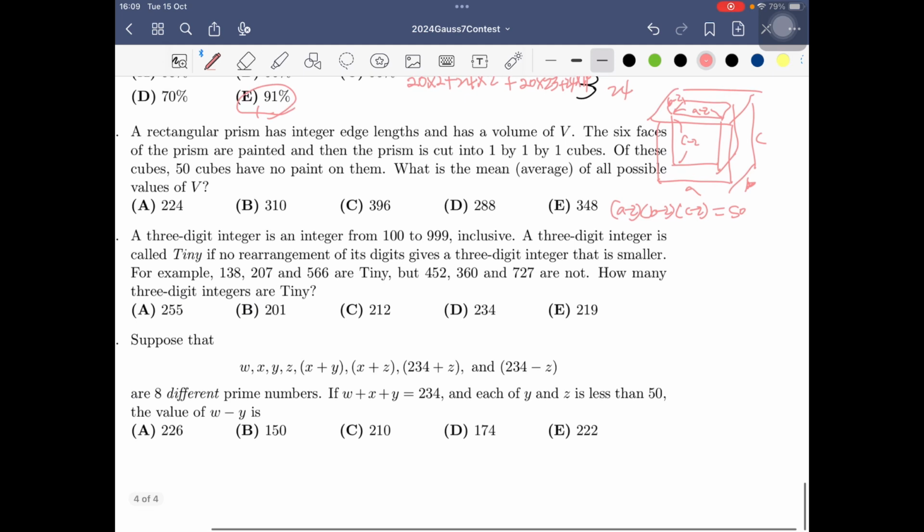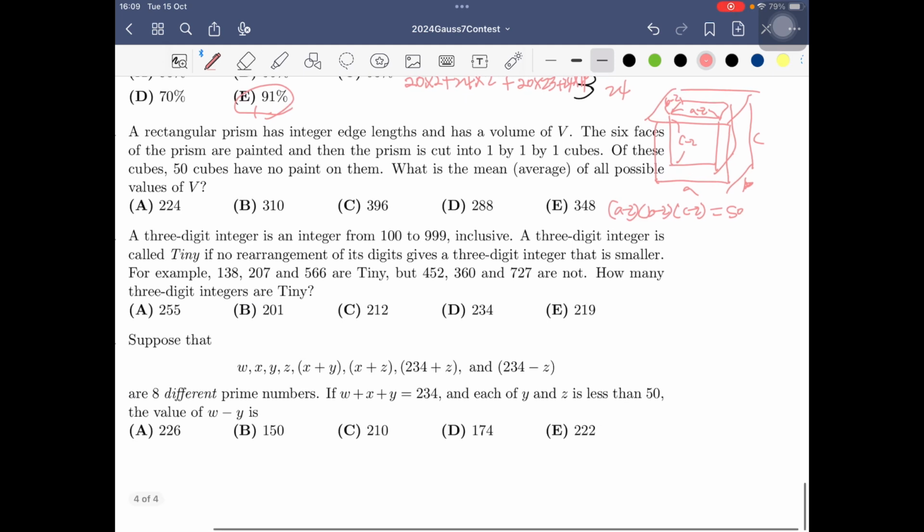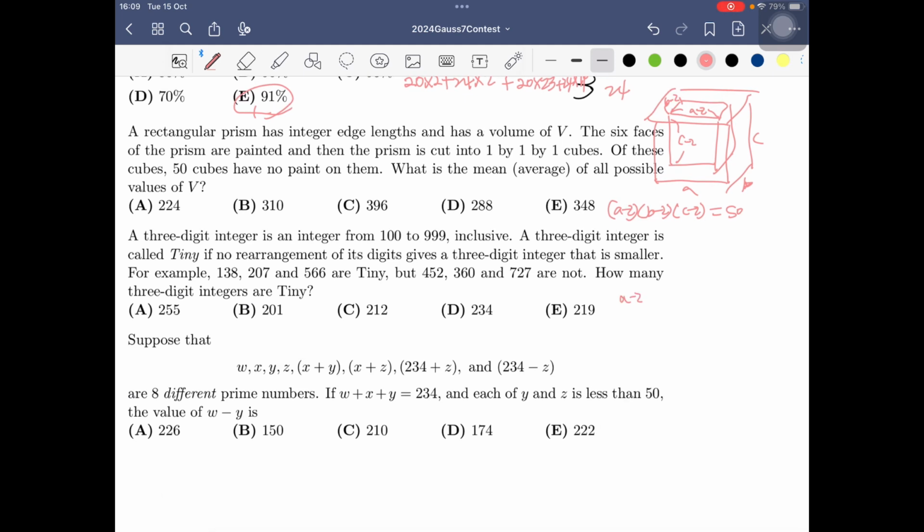So A minus 2, B minus 2, C minus 2 is 50. So we need to figure out what the possible A, B, C are. So let's say A minus 2, B minus 2, C minus 2 multiplied together is 50, which can be 1, 1, 50, 1, 2, 25, 1, 5, 10, and 1, 10, no, because it's repeated. 125, oh, already we have it.